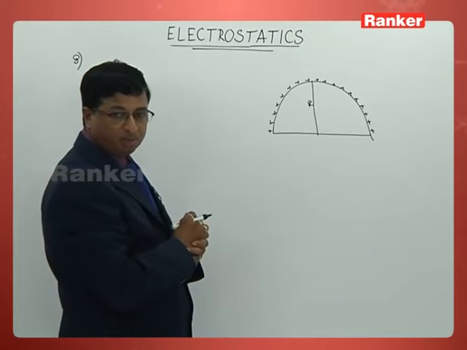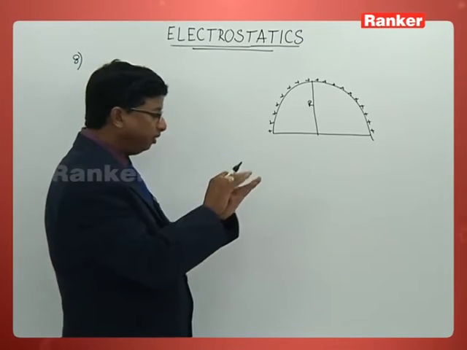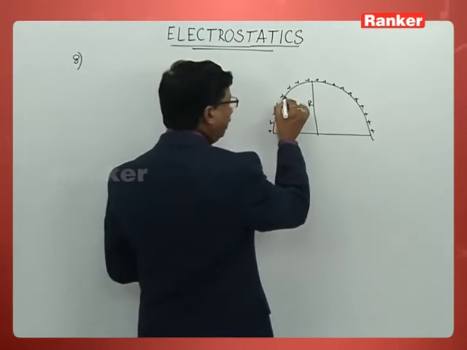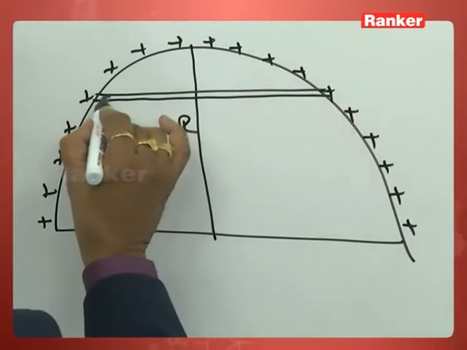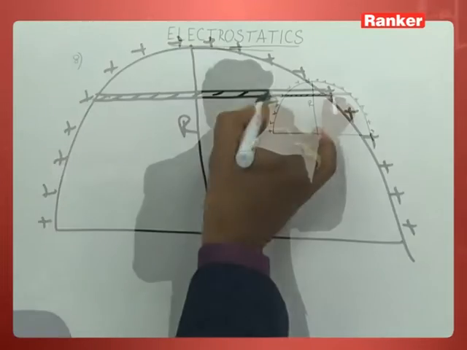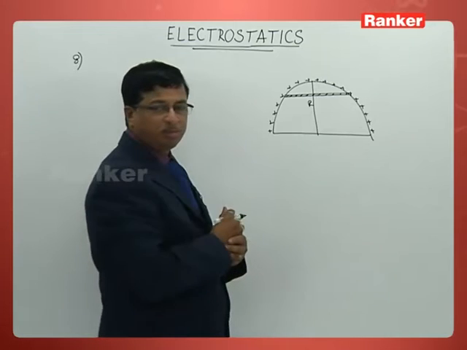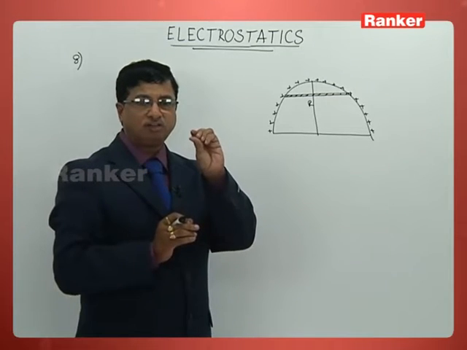For doing the problem, what do we have to think of? It is a spherical body. So what we do is, we consider a small circular ring on its surface. That circular ring is going to have a thickness dx.